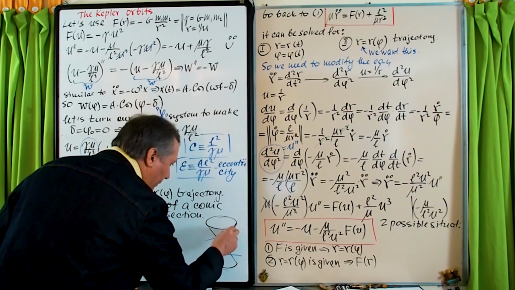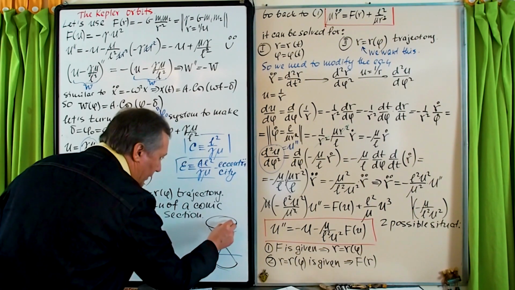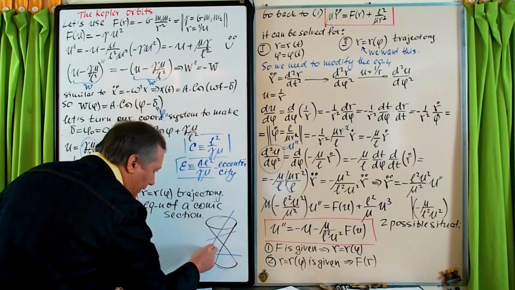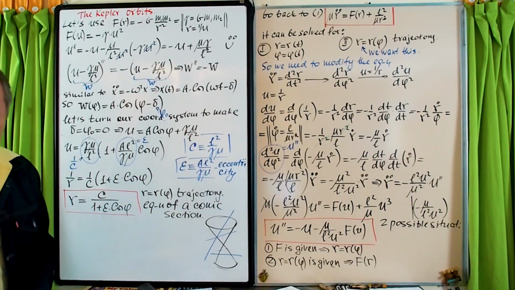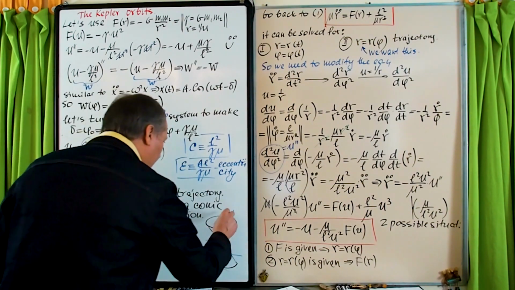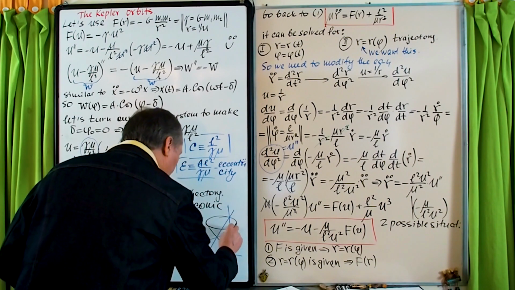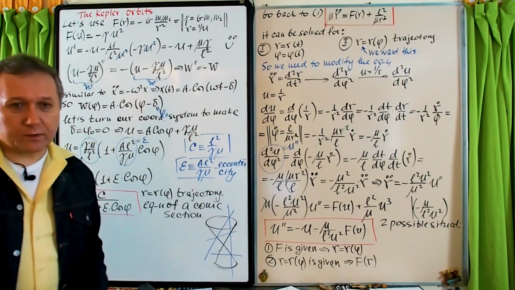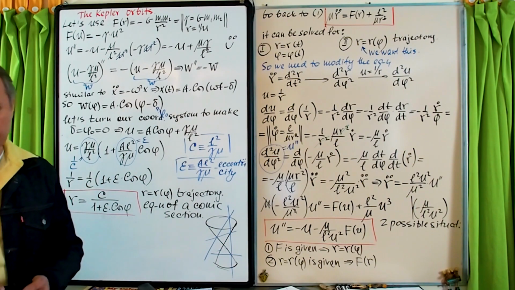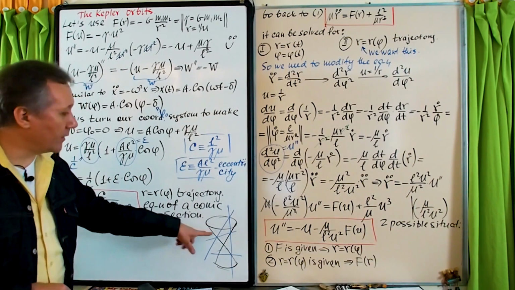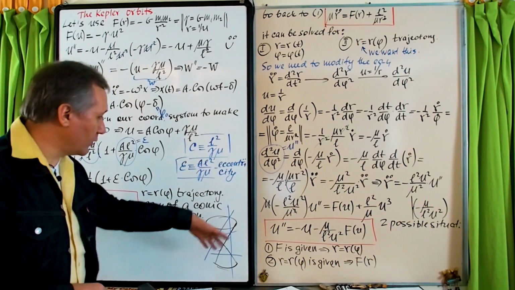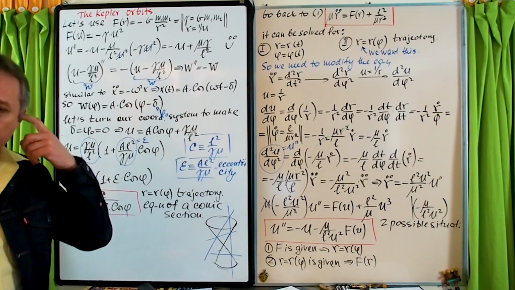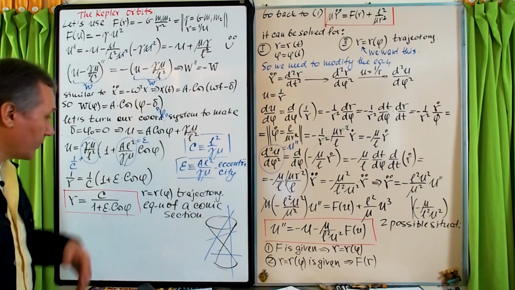A section parallel to the line forming the cone gives you a parabola. And a section this way gives you a hyperbola, right? So that's what I mean by conic sections. I'm not writing it; you should remember that, of course. I'm just reminding you.